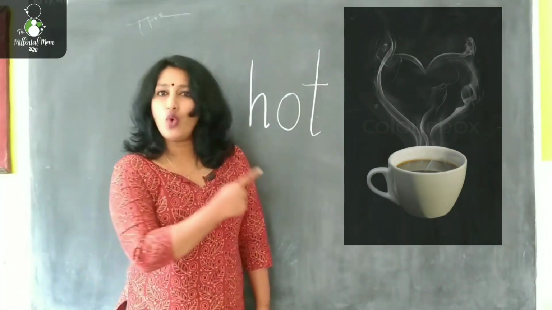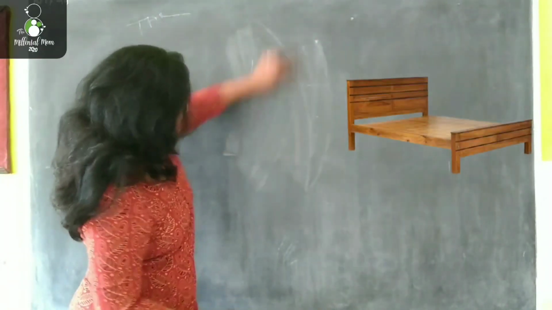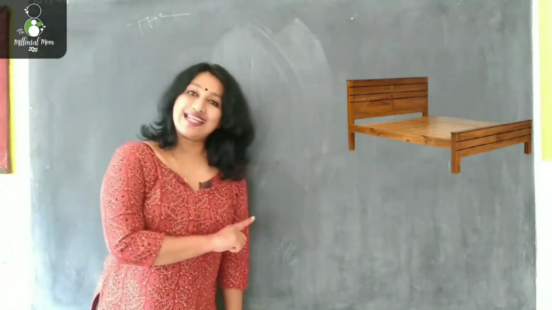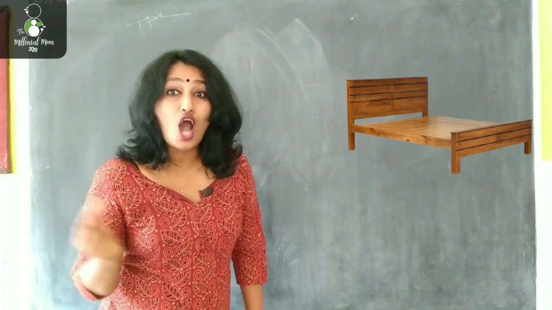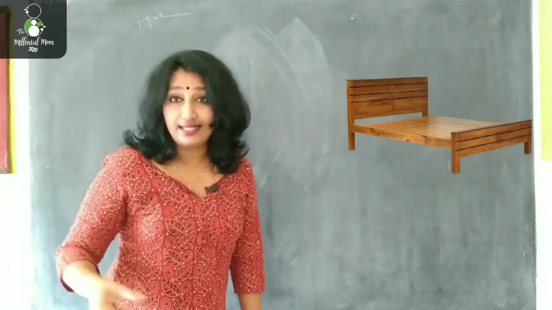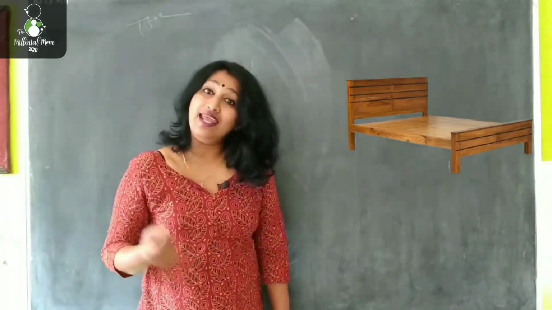Now the next one. What is that on the board? That is a cot. Cot, a bed without a mattress. What do we call it?